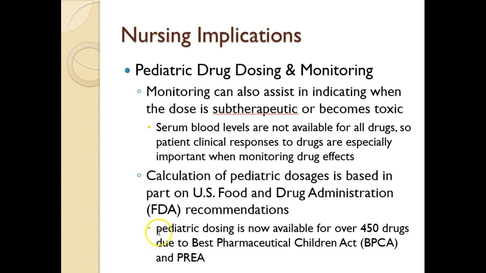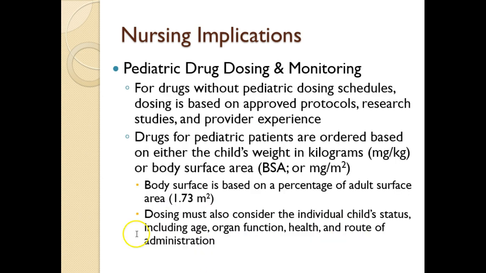There are pediatric dosings available for about 450 drugs because of the BPCA law and the PREA law. If there is no pediatric dosing schedule, then usually dosing for kids will be based on approved protocols in the institution or maybe available research studies and provider experience.